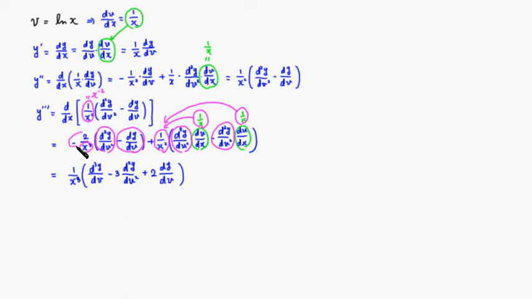So that's taken care of, and it looks like that's what you get. That's how you get y triple prime. The expression is 1 over x cubed, then you have a whole bunch of derivatives of y with respect to v. That's it. I hope that this was clear.